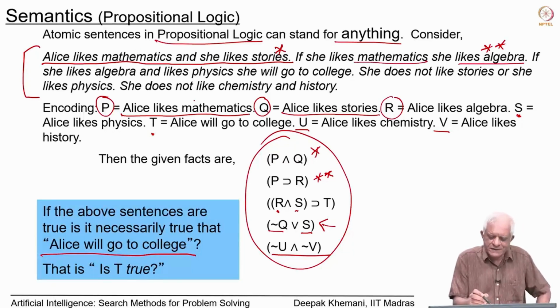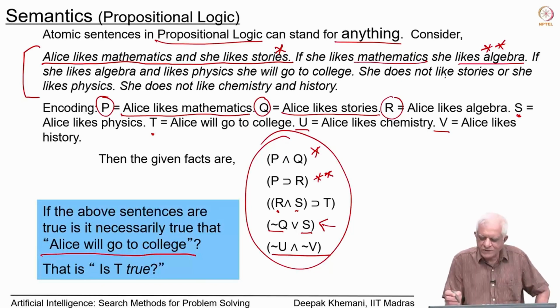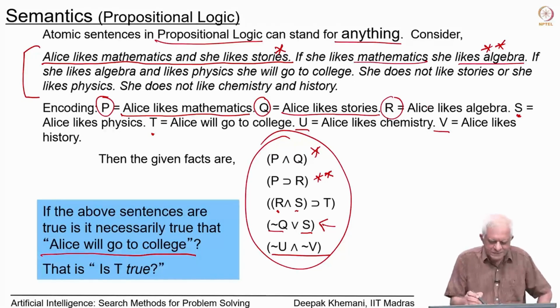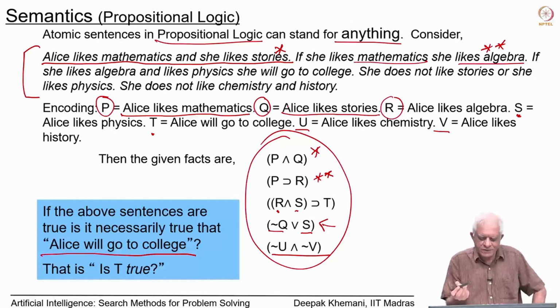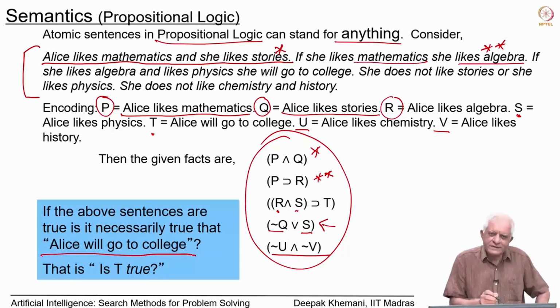Alice likes mathematics and she likes stories. Then the relation that if she likes maths, she likes algebra. If she likes algebra and she likes physics, she will go to college. And there are two other facts which may or may not be relevant here. But given this whole set of sentences which is a knowledge base, we are asking, is it true that Alice will go to college?